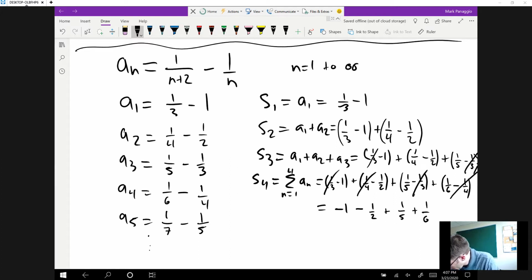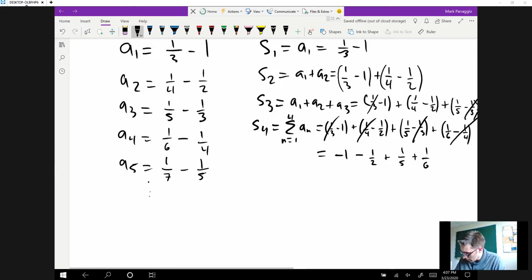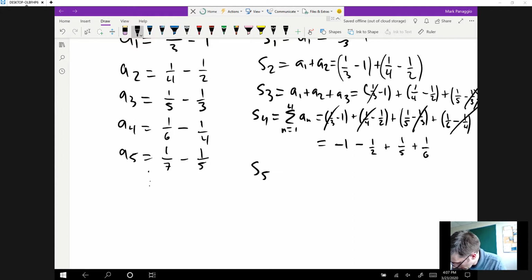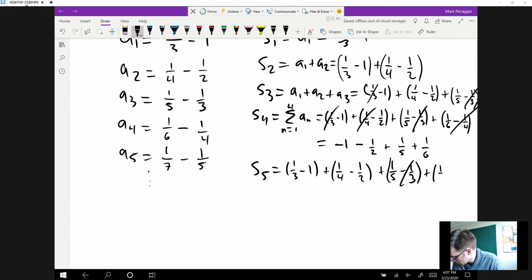And we could actually write this down. S5 is going to be 1/3 minus 1 plus 1/4 minus 1/2 plus 1/5 minus 1/3, minus 1/3 cancels, plus 1/6 minus 1/4, and the minus 1/4 cancels. And then the next term would be 1/7 minus 1/5, and that's going to cancel out 1/5.